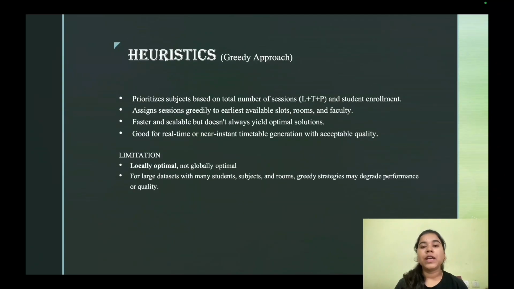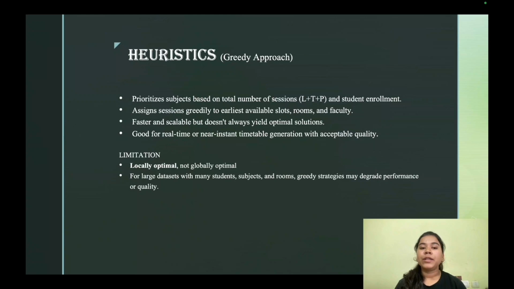The next approach we have used is the greedy heuristic method. The greedy heuristic method is a fast and intuitive method which makes the timetable step by step, and the heuristic looks for the locally optimal choice at that stage.